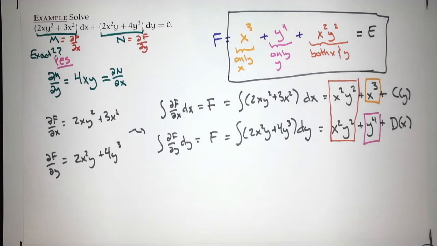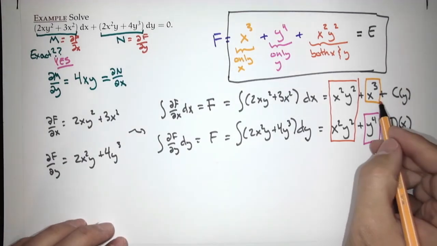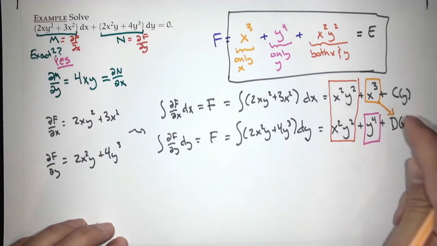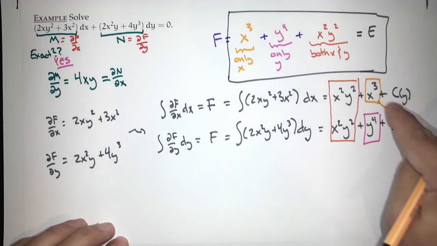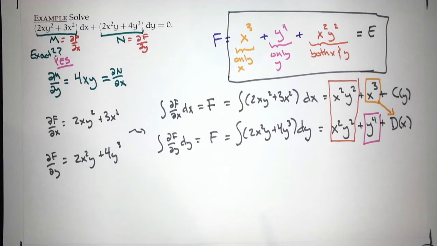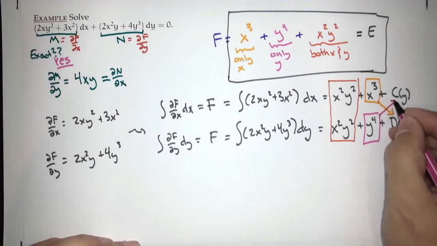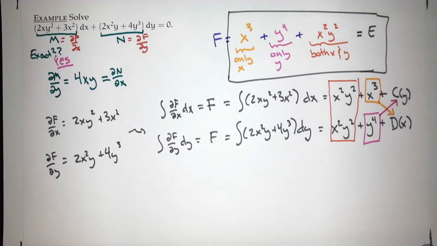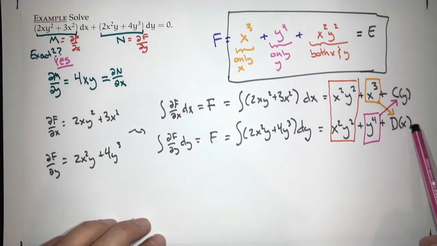Now, you might notice a couple things. Let's point them out. The function that only depends on x is actually being part of that d of x. So that d of x includes that x cubed. By the same token, that y to the fourth is also inside of that c of y. And that's why we integrate both pieces, so we can pick up that missing part.